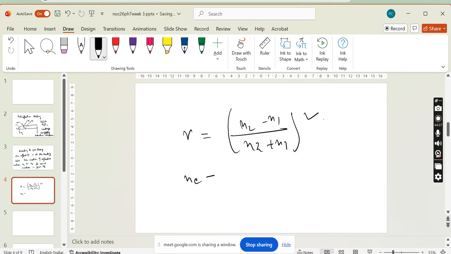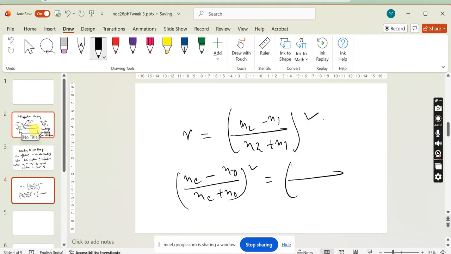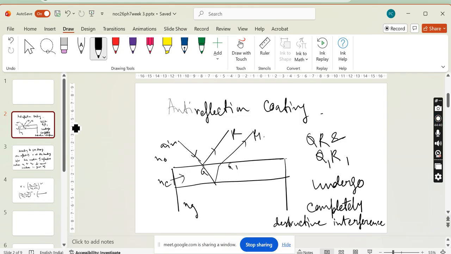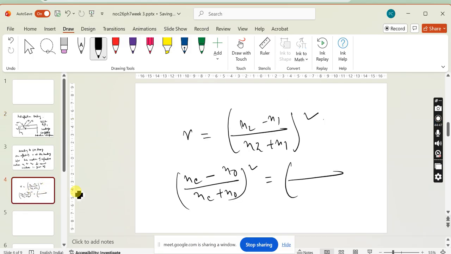So ((NC - N0)/(NC + N0))^2 should be equal to the reflection Q1R1, which has a contribution from this surface, that is coating and glass.